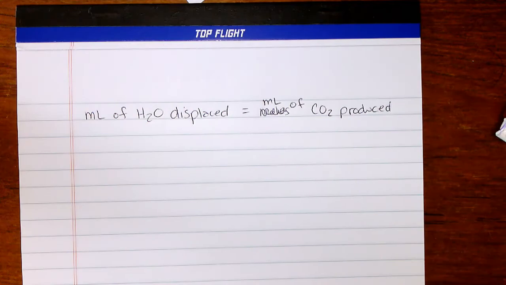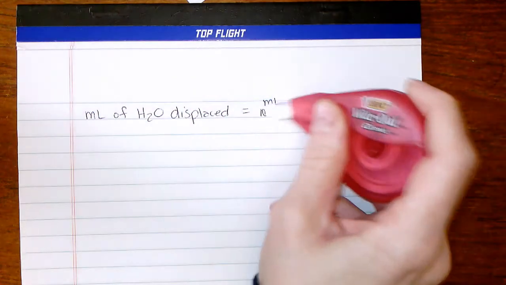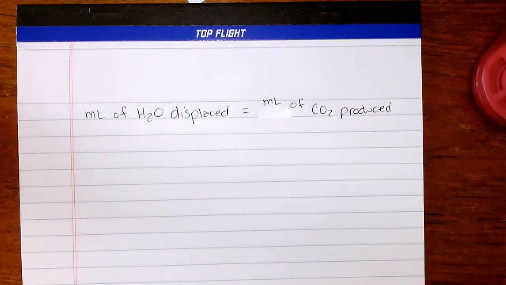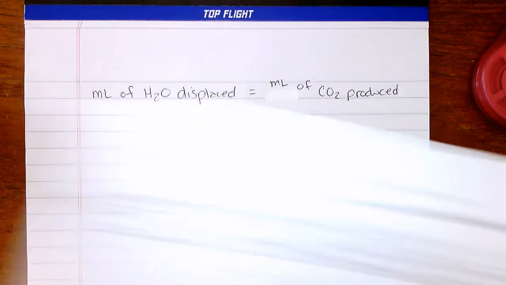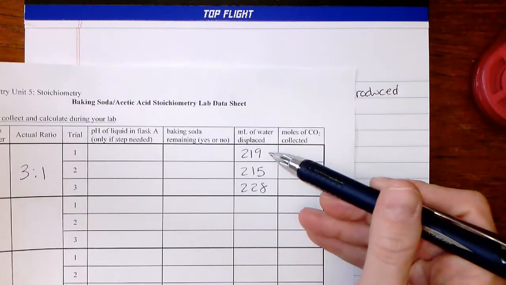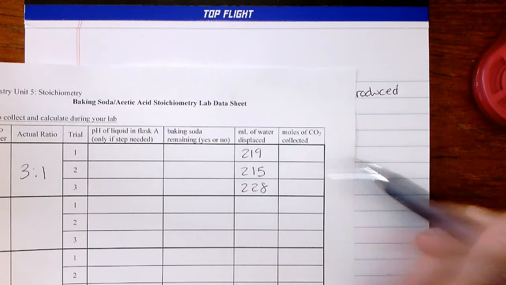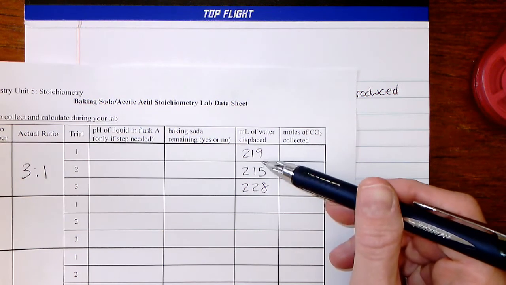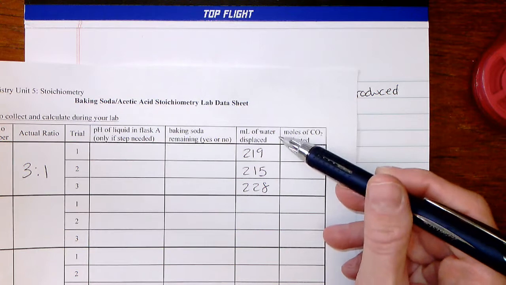Because remember, our carbon dioxide displaced water, and it's much easier to take a measurement of milliliters of water than it is to take a direct measurement of milliliters of carbon dioxide produced. So because of that, when I start using my conversions, I'm going to label this as milliliters of CO2 and not milliliters of water.